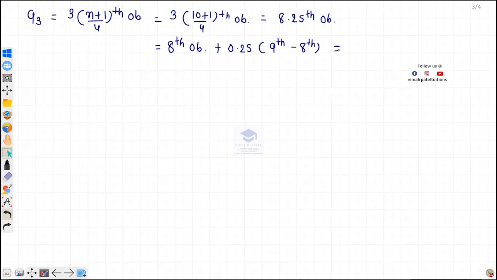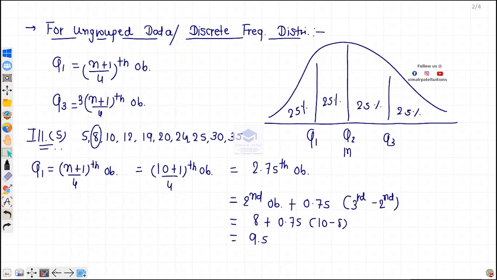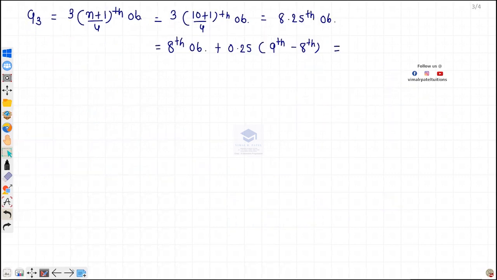The 8th observation is 25, the 9th observation is 30. 25 plus 0.25 into (30 minus 25) gives 26.25.